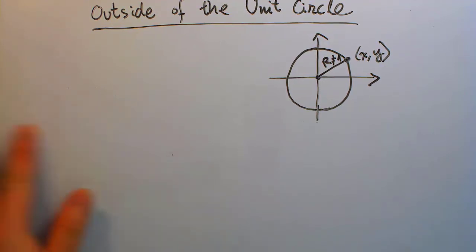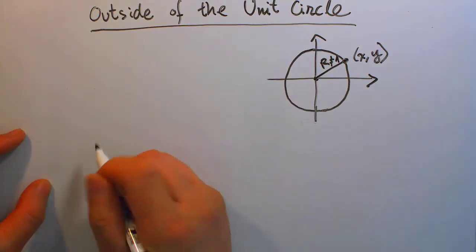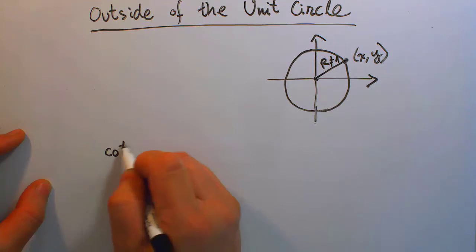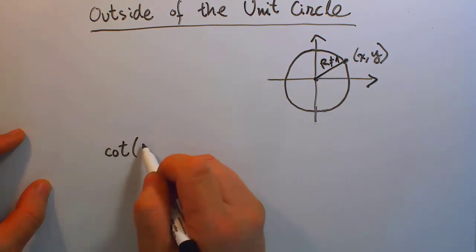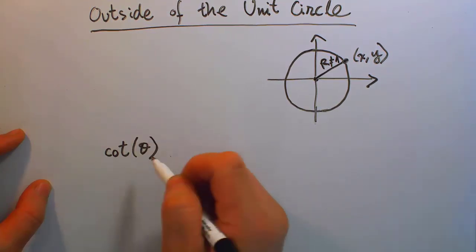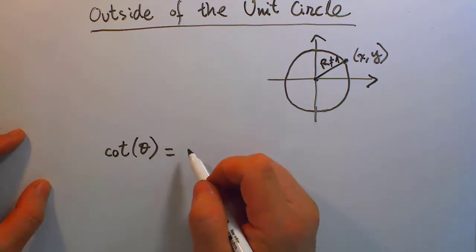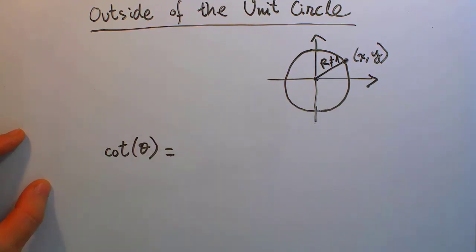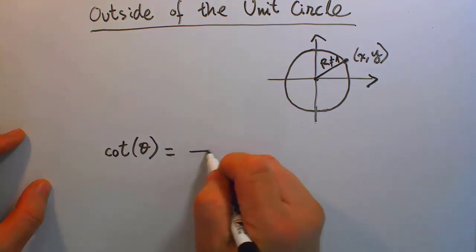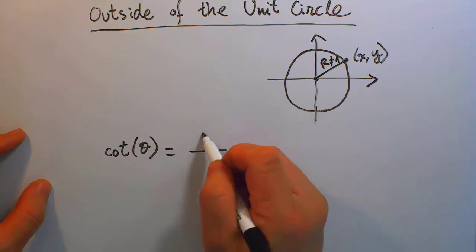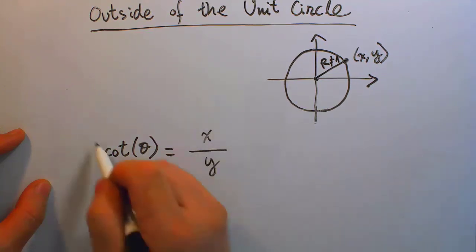For the other trig functions, I don't have to go into as much detail about how they get derived or how they arrive at these new looks. Cotangent is related to the x and y coordinates as x over y.